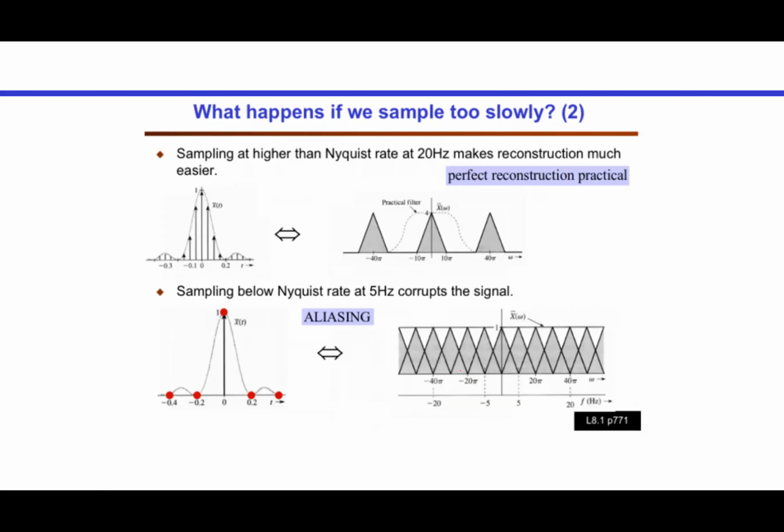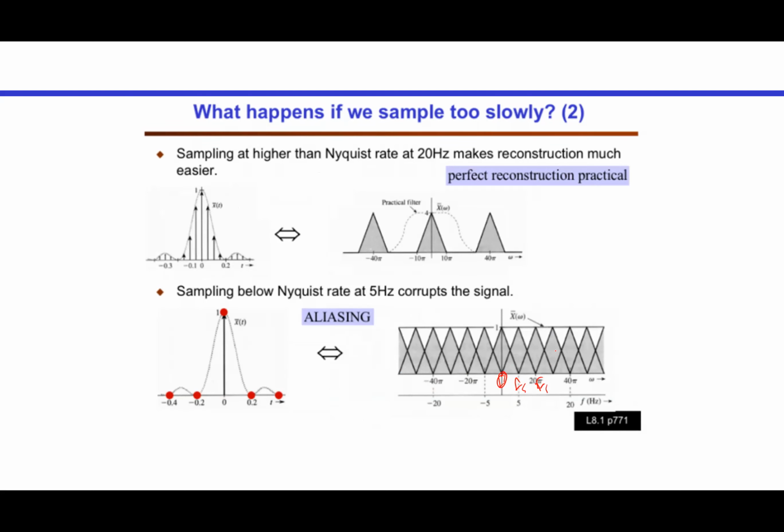Now, if you sample at a slow rate that is below your Nyquist rate, you can see they will interfere with each other. So you will have a copy at 0, at FS, 2FS, but since your FS is less than double the bandwidth, they will interfere with each other, and that's something bad.